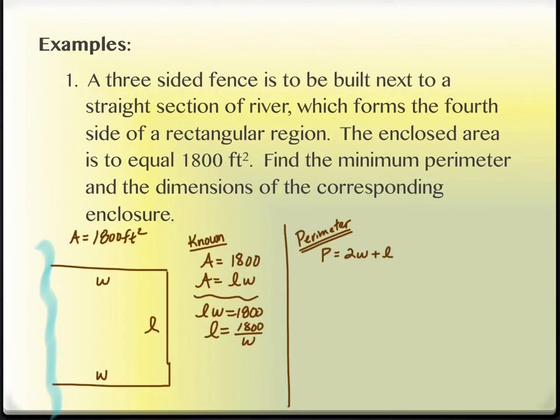So the perimeter, the P on the left-hand side is fine. It's the other side that's already written out here, 2W plus L, that has two variables that I don't want. I want it to only have one variable. So how can I change 2W plus L so that it has one variable instead of two variables? Right. We solved for L. And we found out that L was 1,800 divided by W.